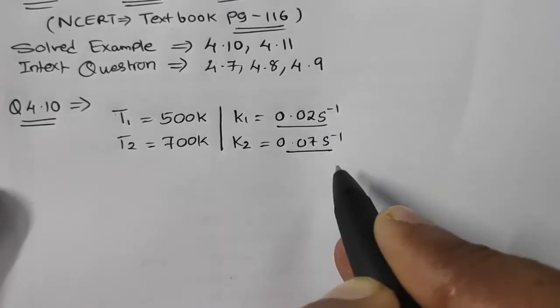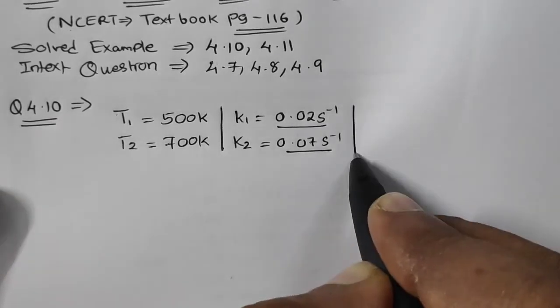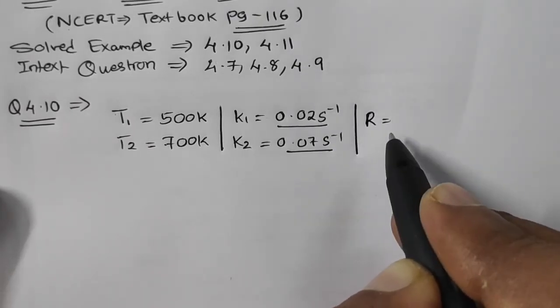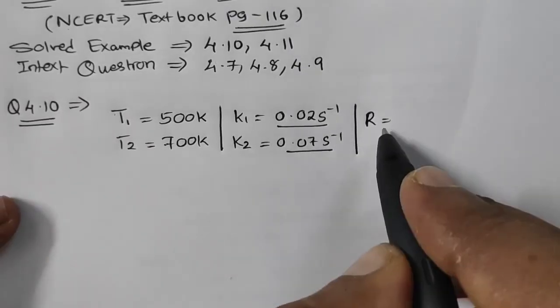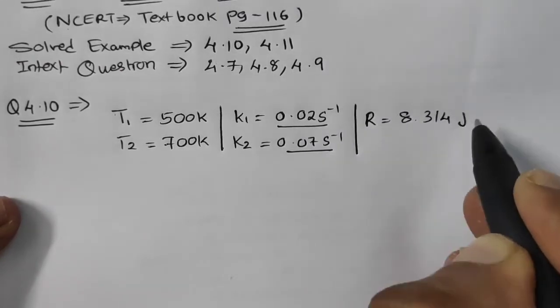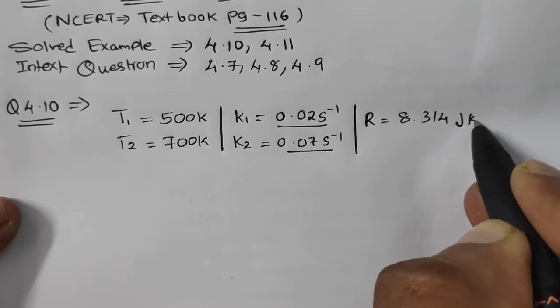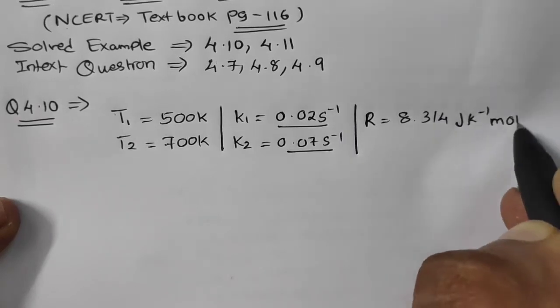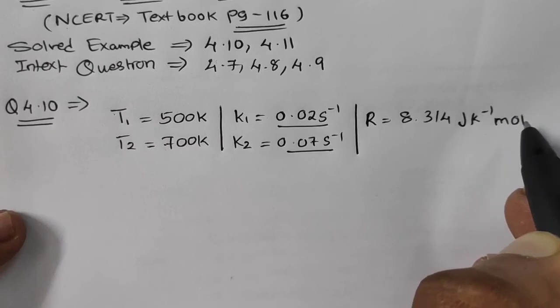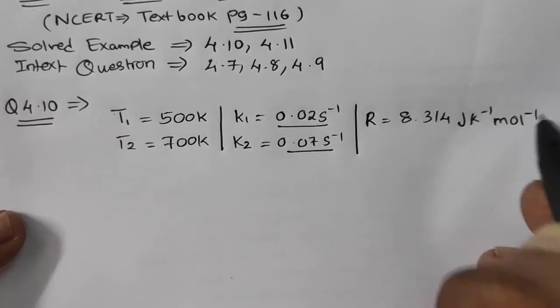These are the things which are given. The R value, as we discussed last time while solving, you have to take in Kelvin units. So it is 8.314 joule Kelvin inverse mole inverse. Understood?